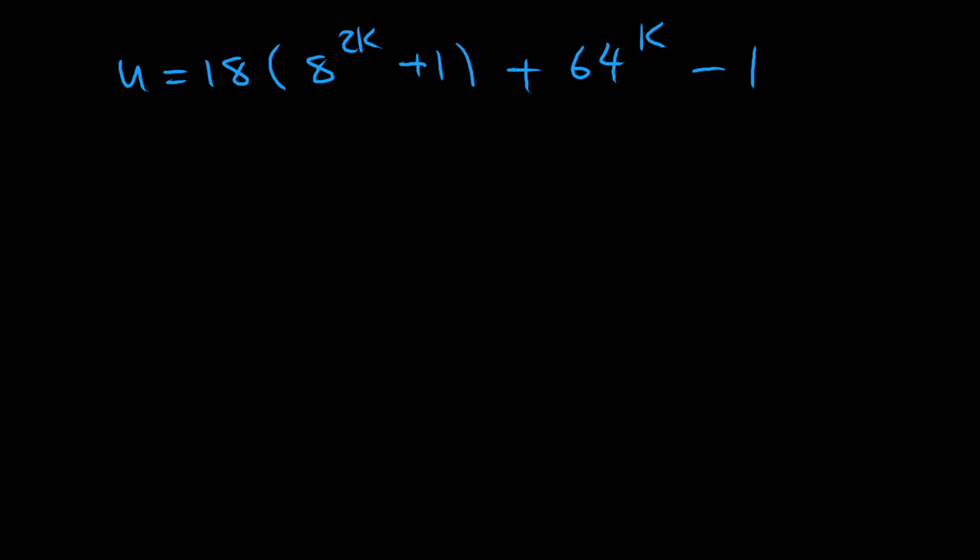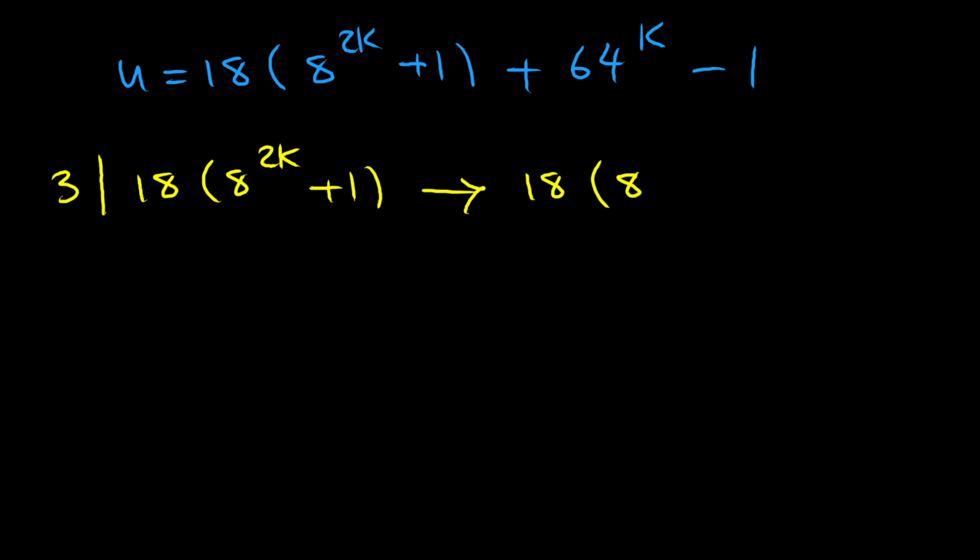Now notice that 3 divides 18, therefore 3 divides 18 times (8 to the power of 2k plus 1), therefore 18 times (8 to the power of 2k plus 1) is congruent to 0 mod 3.